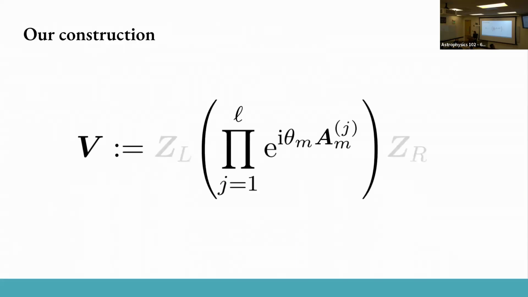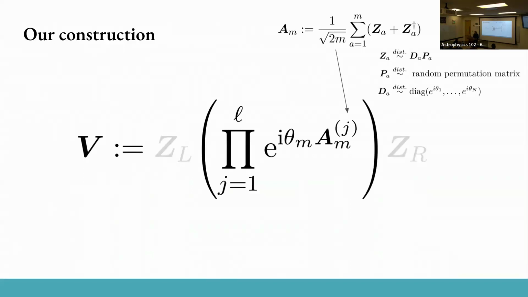Okay, so again, as before, I'm going to throw a big blob on the screen and then break it down. This is our construction. It looks different, but let's break this down.